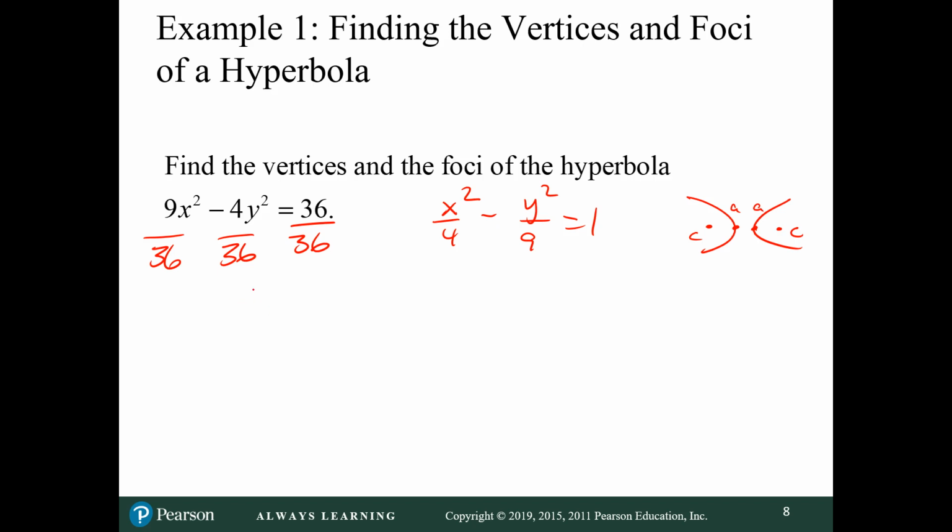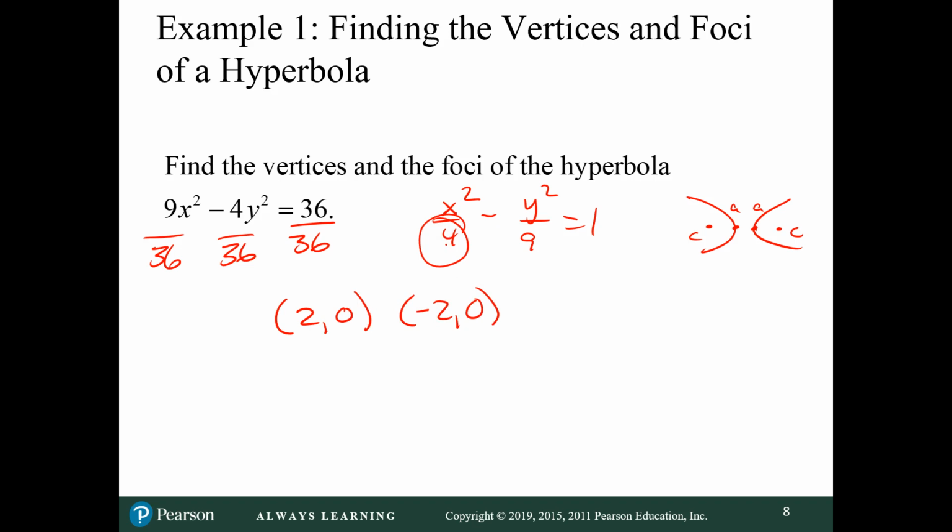This is centered at 0, 0. If you had x minus something and y minus something, it wouldn't be centered at 0, 0. But since it's centered at 0, 0, a is under the x, under the positive 1. So a squared is 4, so a is 2, and your vertices are at 2, 0 and negative 2, 0, because you take the square root of this, and that's how far you go away from the center.